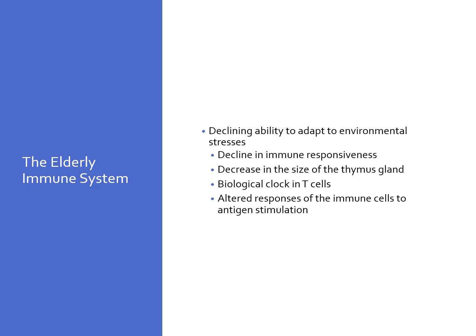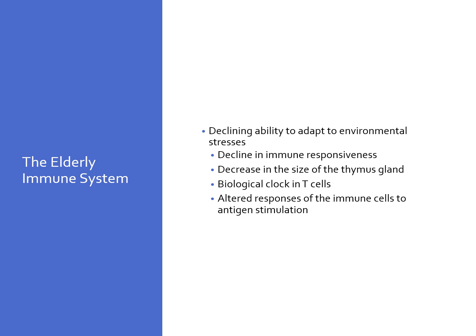And all of those things are really tied to the overall decline of the function of the immune system. So we have this overall declining ability to adapt to these environmental stresses. So there's a decline in our immune responsiveness. The size of the thymus gland really decreases as we age. And so if you remember, the thymus is where the T lymphocytes really started to mature. So we get less maturing T cells because of the loss of the thymus tissue.